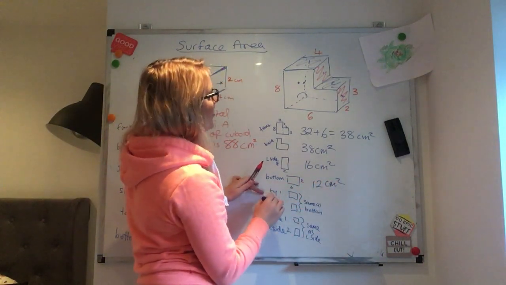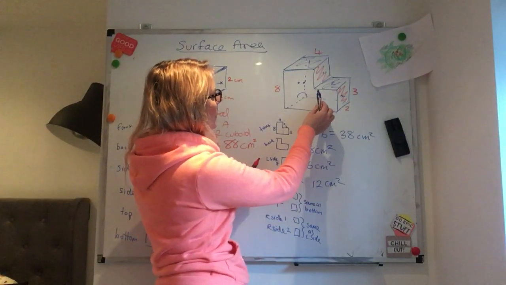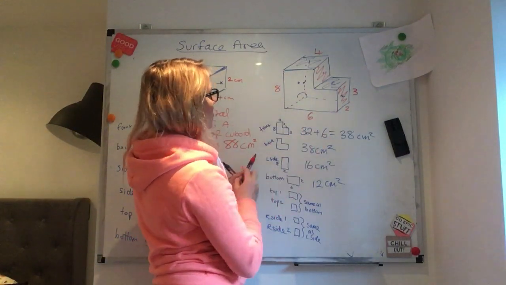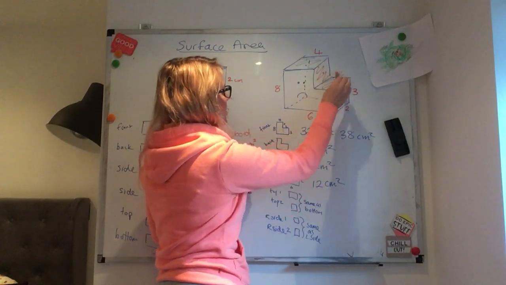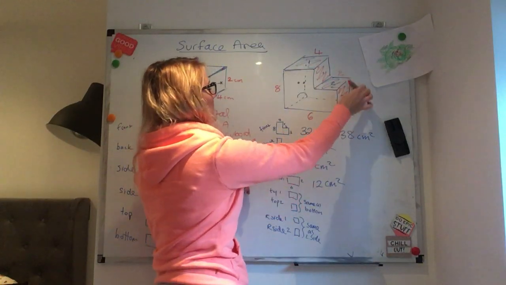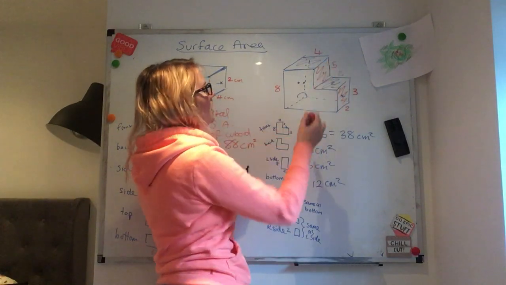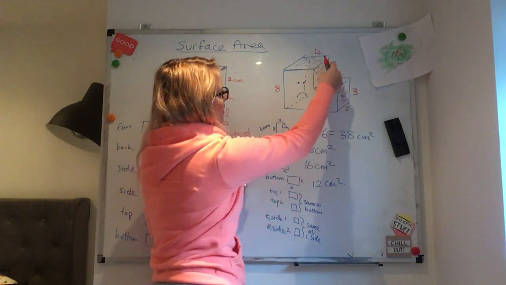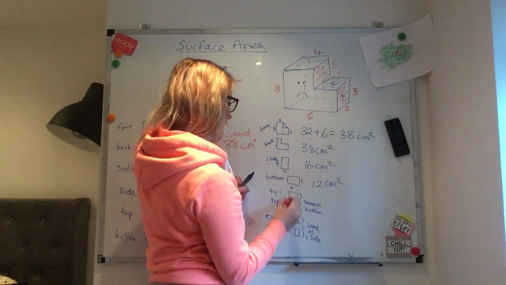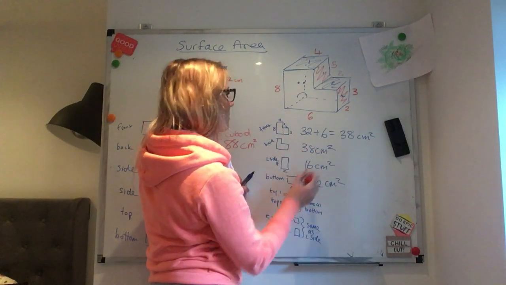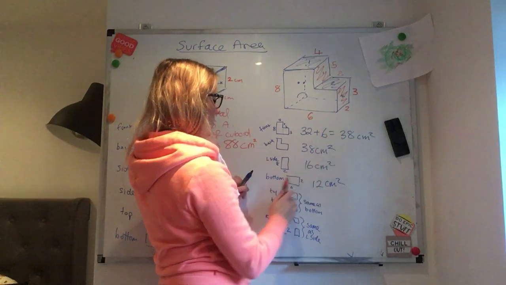The top, you can either think about it as, just put these missing measurements on, so this is 4, this is 6, so that would be 2. This is 8, this is 3, so that would be 5. Oh no, I'm doing the top.